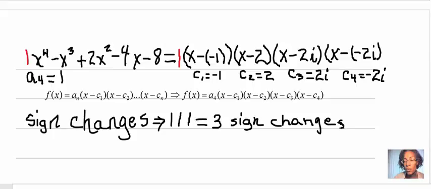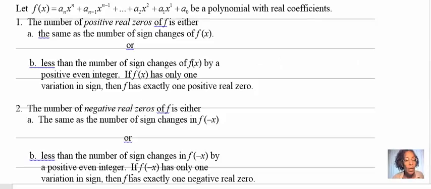So let's look at 3 sign changes for f of x. Let's look back at that rule and what it tells us.